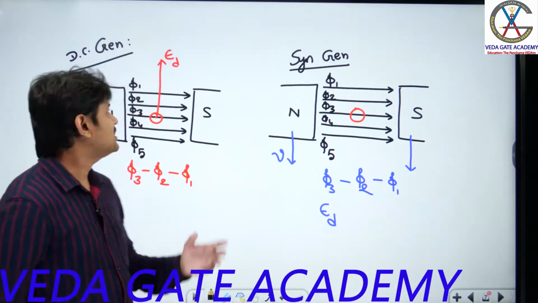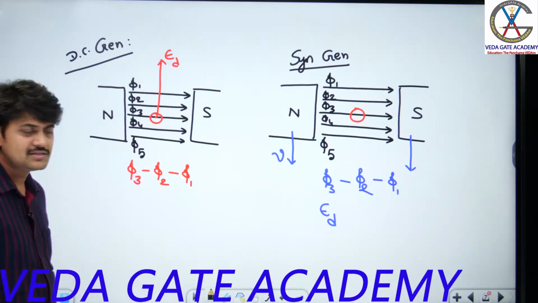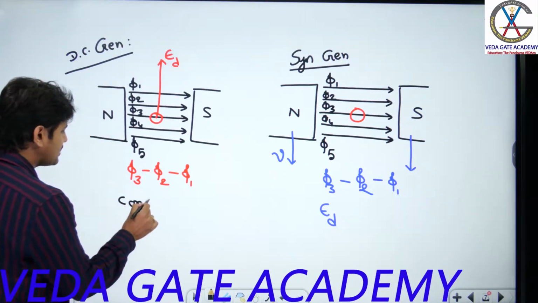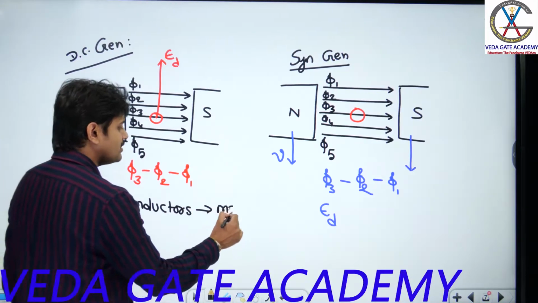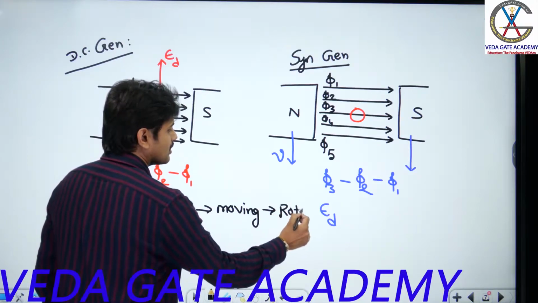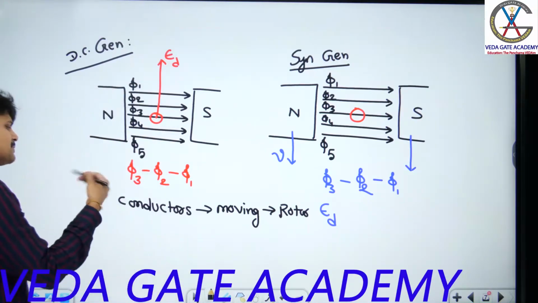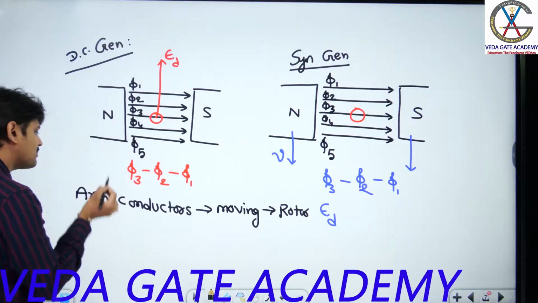Now, what is the difference between the DC generator and the synchronous generator? The kind of configuration. If you clearly see here, is my conductor moving or stationary? The conductor is moving. That means I need to place these conductors in a rotating part called the rotor. In DC machines, we call these conductors armature conductors.